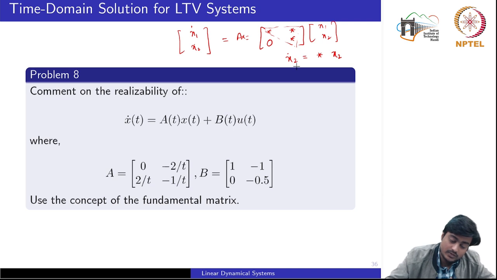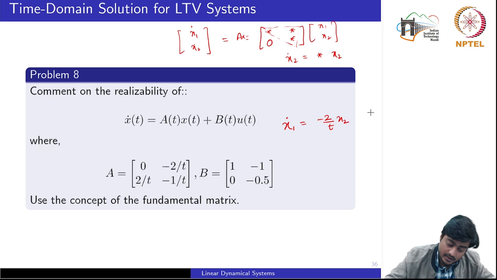Once we have the solution for x2, we can put it into the equation of the first, obtain the solution of x1, and then using the concept of the fundamental matrix we can finally compute the state transition matrix. But here, this A matrix is not in this form, because if I write the two equations we would have x1 dot equal to minus 2 by t times x2 by the first equation. This is only the homogeneous part I am writing.